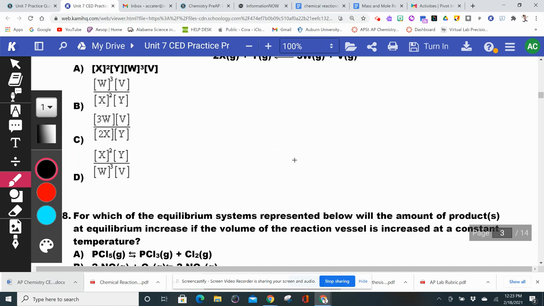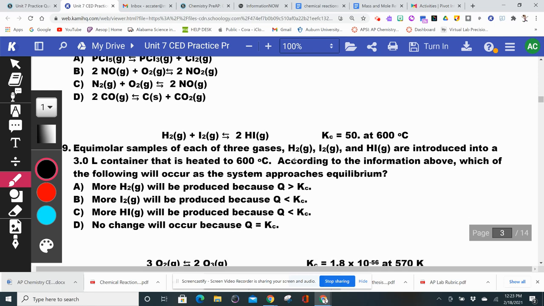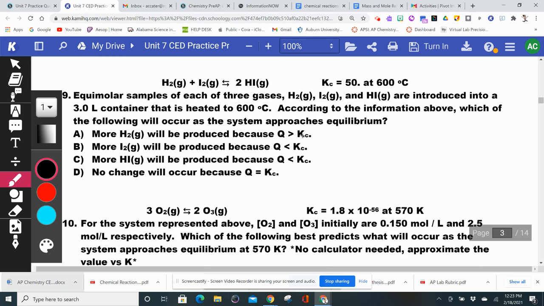Of course, knowing your formulas for setting up K and for setting up Q, the reaction quotient, and knowing how those things are affected. How is the reaction quotient related to the K? And I like the little mnemonic device they gave, where if K is greater than Q, then that means the reaction is going to go to the right, that the less than sign is pointing in that direction.